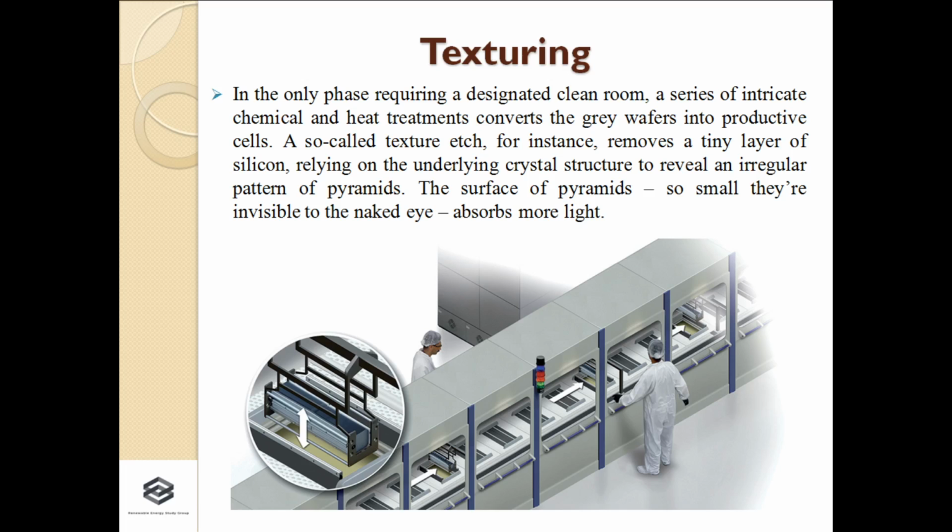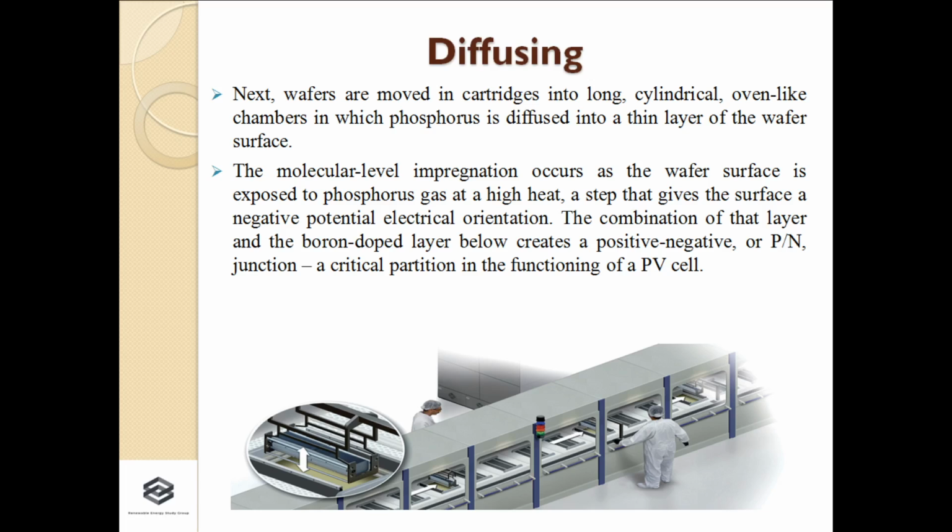Once the texturing process is over, the next process is the diffusion of phosphorus gas. At a higher temperature we pass the phosphorus gas over the frontal part of the wafer. The main reason is that whenever we add this phosphorus material over the front part of the silicon cell, we are adding a donor impurity. Phosphorus is an N type of material.